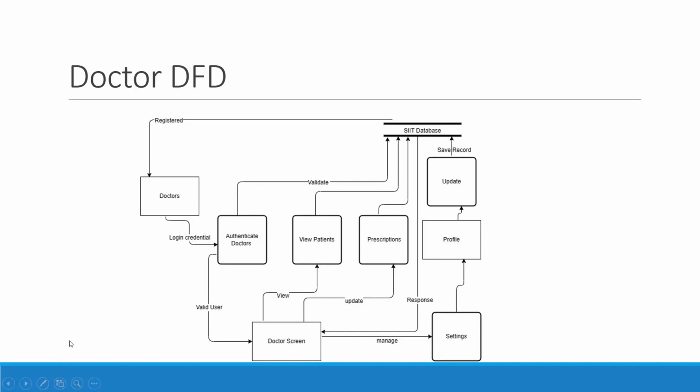After this, when the doctor screen is displayed, there is view patient, meaning the user has inputted the skin image. After inputting the skin image, it shows, okay, this is chronic, you have to consult a doctor.